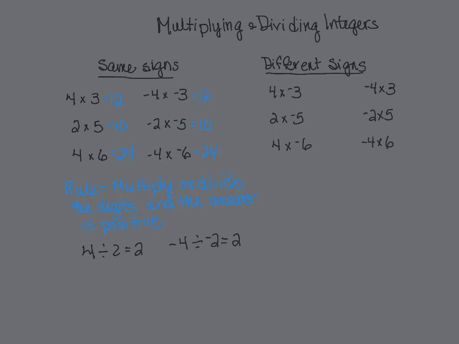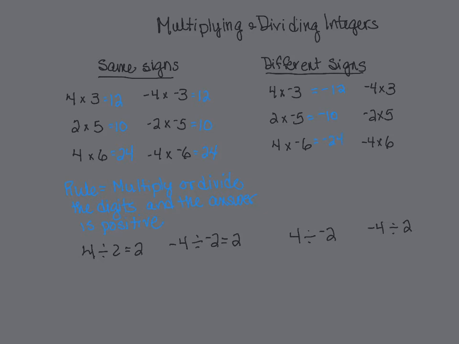Now, if the signs are different, that's a whole another situation. And I'm going to put the dividing part down here. This is negative 4 divided by positive 2. Okay, so 4 times negative 3 is negative 12. 2 times negative 5 is negative 10. 4 times negative 6 is equal to negative 24.